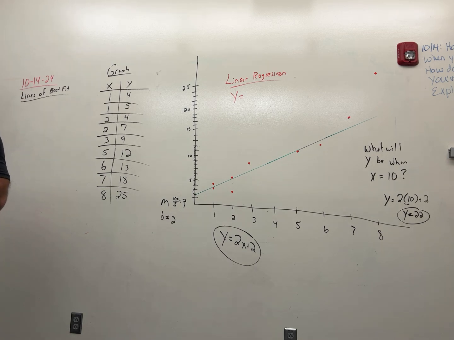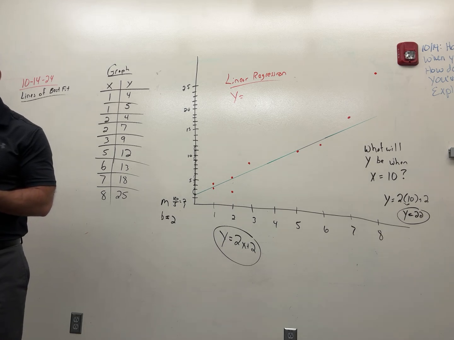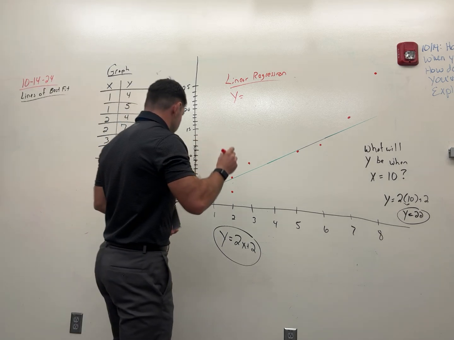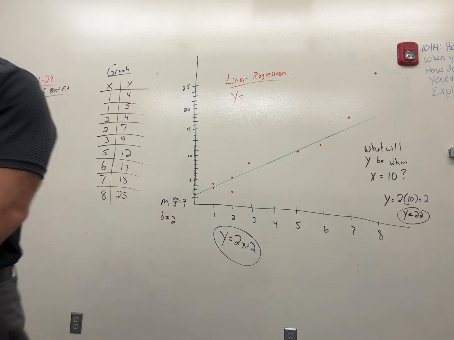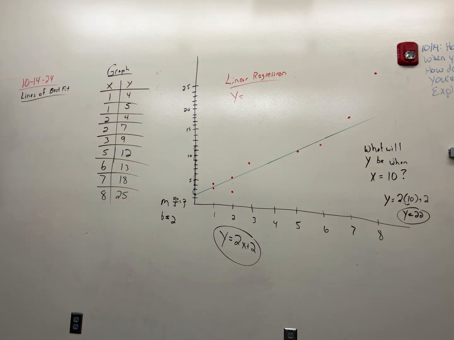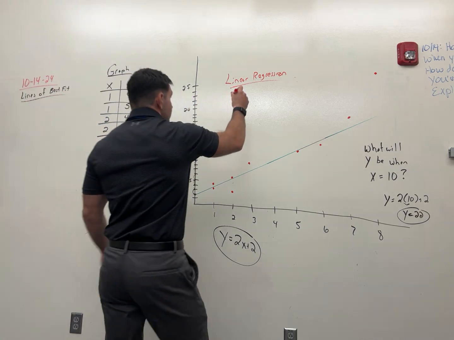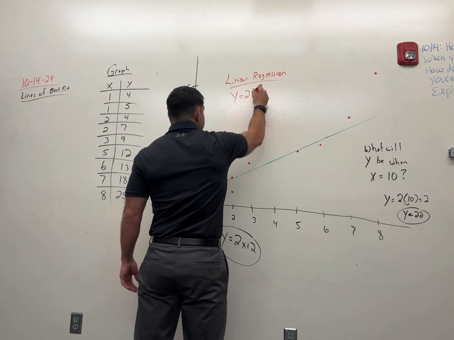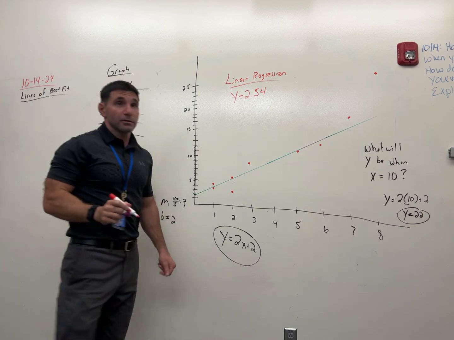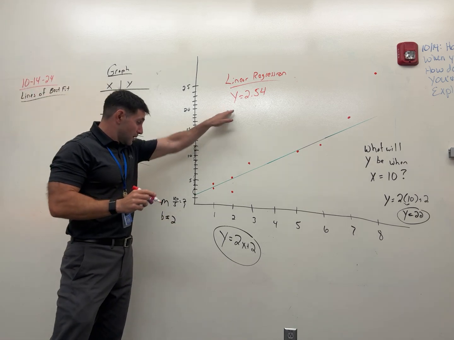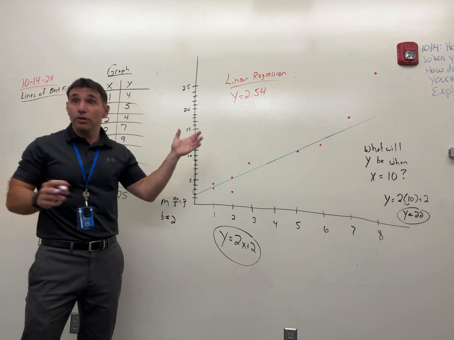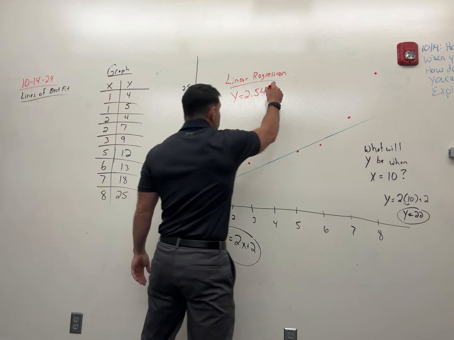What does your a say in the calculator? 2.1? 2.544. So 2.54. Hey! My m's pretty close, 2 and 2.5. Okay, we did all right there.